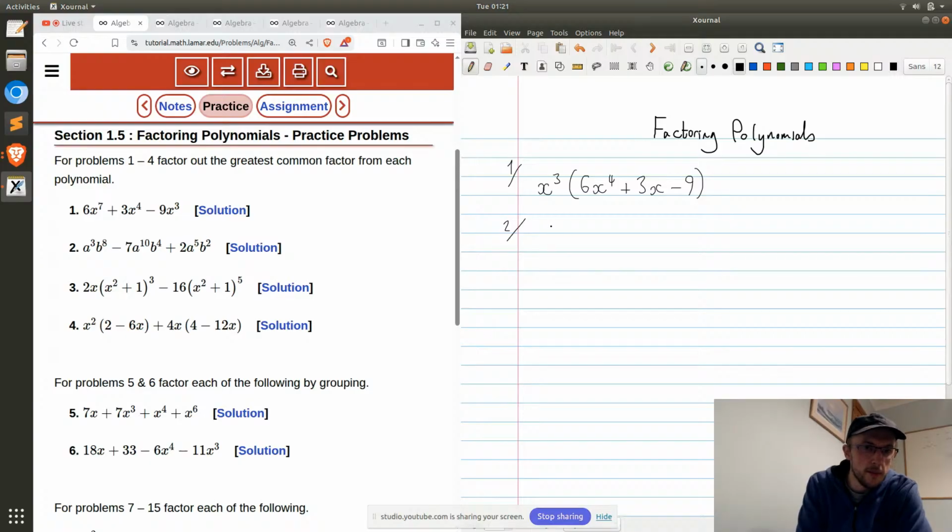Then, now for a, it goes up to the cube, and for b, it goes up to the squared. So, b to the 6 minus 7, a to the 7, b squared plus 2, a squared, like that.